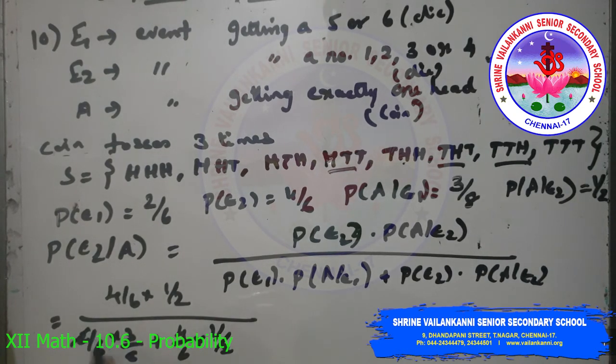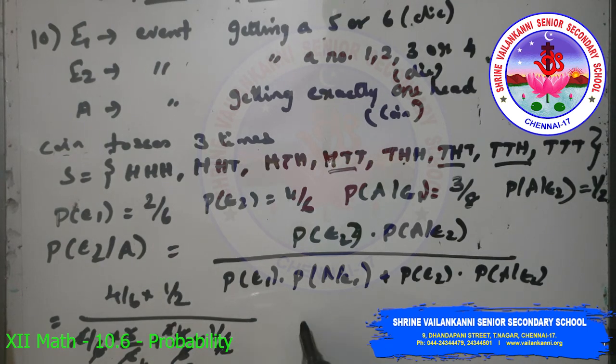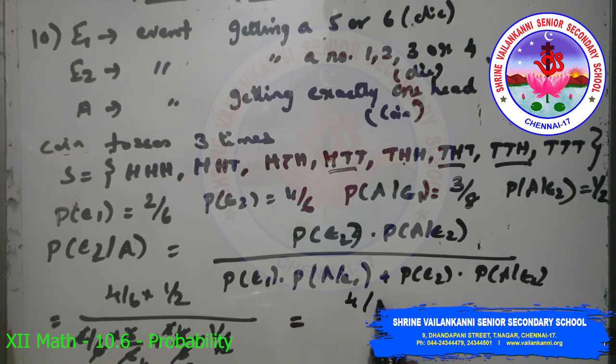So we can cancel this 2, 4, 2 times. Here also 2 one time and 2 and 3. So we get 4 by 12 whole by 1 by 8 plus 1 by 3.